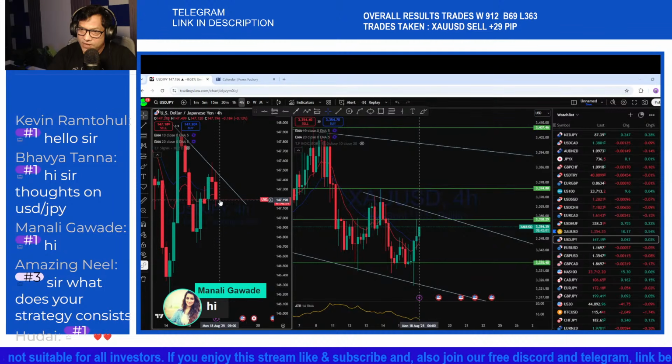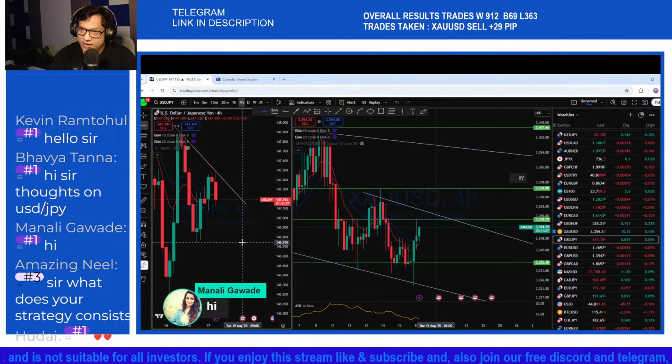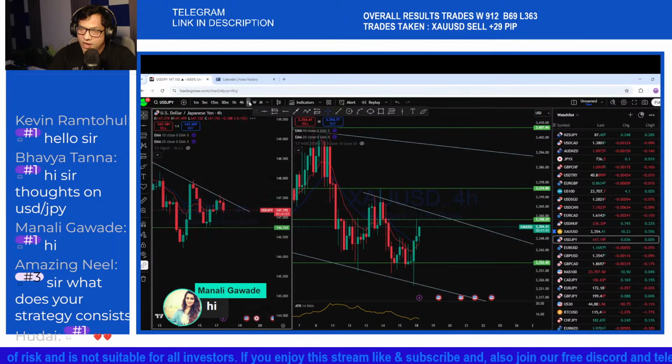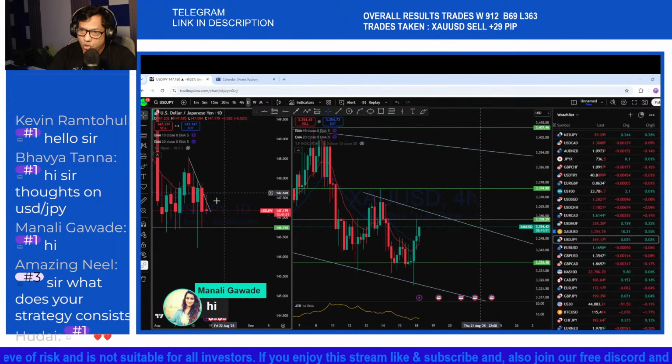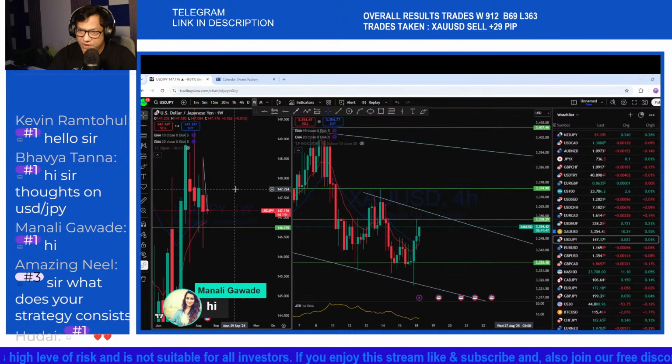What we can expect is for the market to potentially trend back down, or even break below further, and dollar yen could potentially be bearish from the bigger picture perspective.